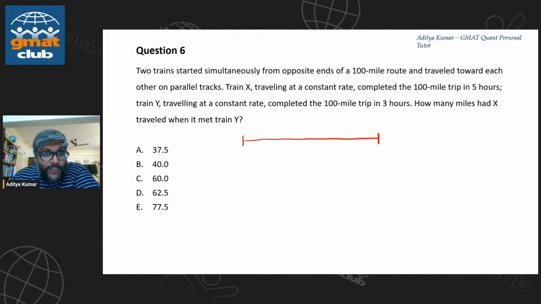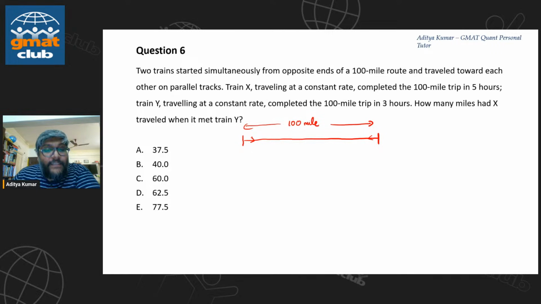Two trains travel simultaneously from opposite ends. Simultaneously means from opposite. I know I have to draw two tracks. I'm just putting one track to make it simpler. So they are traveling simultaneously. So I'm putting the arrows towards each other, to represent the direction, on parallel tracks of a 100-mile route, taking stock of the information, graphically representing it.